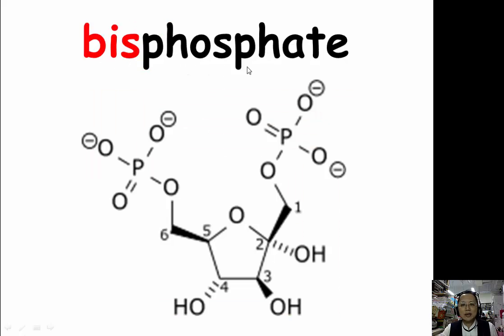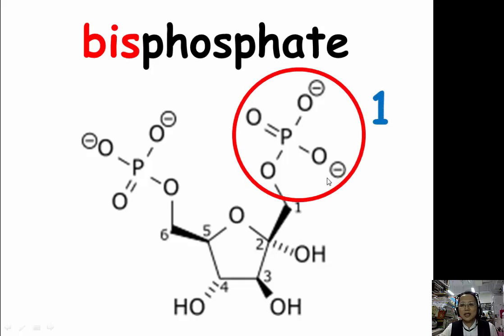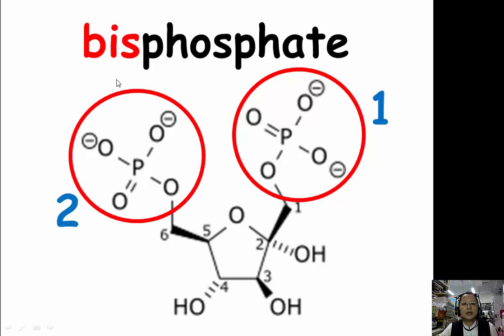Bis, phosphate, meaning this compound has 2 phosphate groups. Sometimes we use di, like adenosine diphosphate, ADP, but for this compound, this is fructose 1,6-bisphosphate. It has 2 phosphate groups, 1, 2. The prefix bis and di, how to use it?